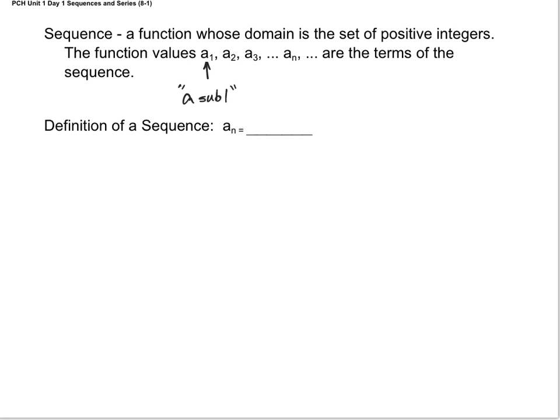So a sub 1, and when you see that number next to the a, or in some cases people will use u's, depending if you look it up online, I think IB actually uses u's, it really doesn't matter. The number tells you which term in the sequence it is, and it also tells you what n equals for that term.